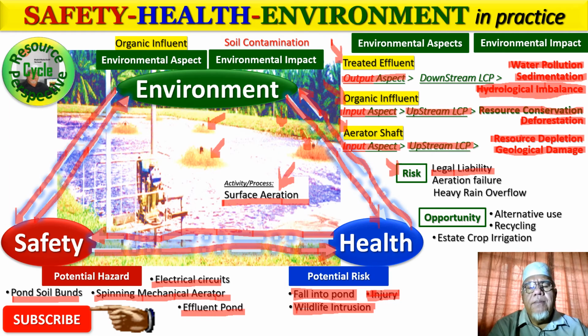That's a legal liability. And when they talk about risk, the bunding can break, the bunding can fall, and that is another legal liability there. And there's a risk associated with it, and also with the sludge that we get from this aeration. So it all depends on the permits.